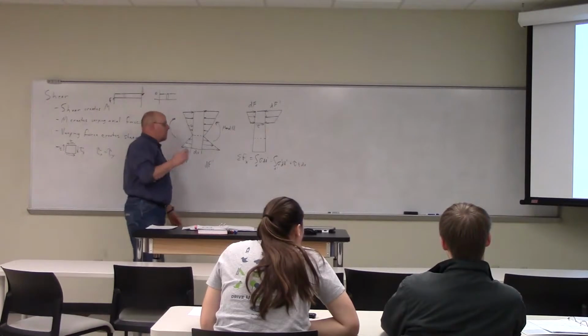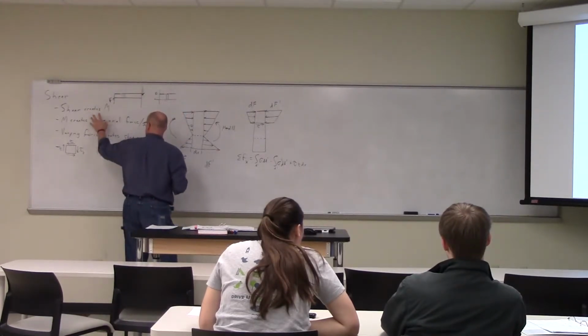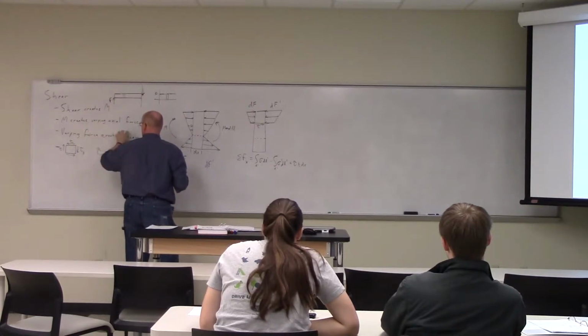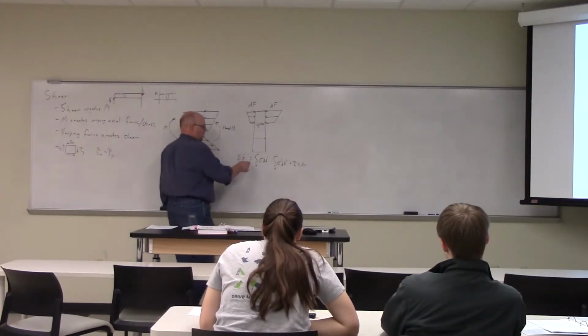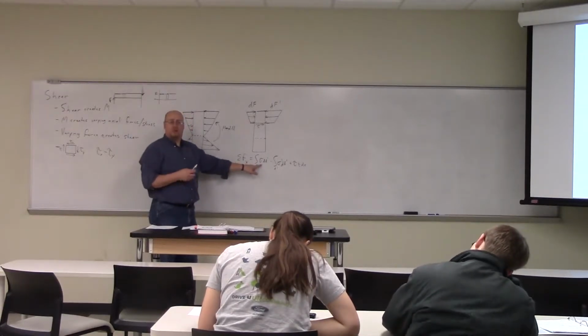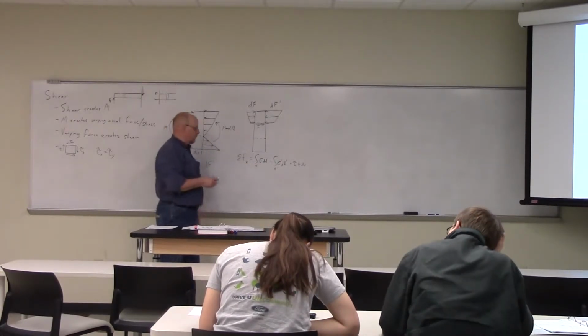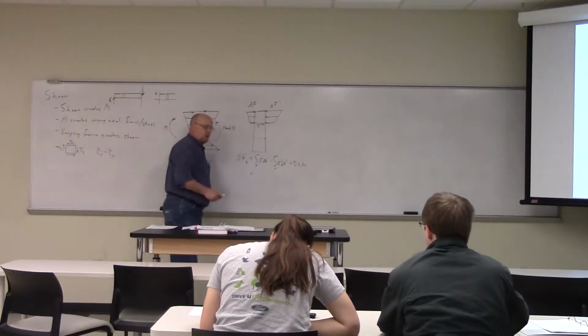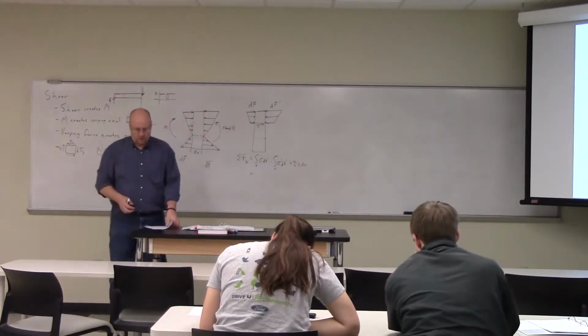Now going back to over here, the shear creates a moment, the moment creates a stress, the stress creates a shear. Now I'm going to go back and represent the normal stress in terms of the moment that created it. How do I relate normal stress and the moment?